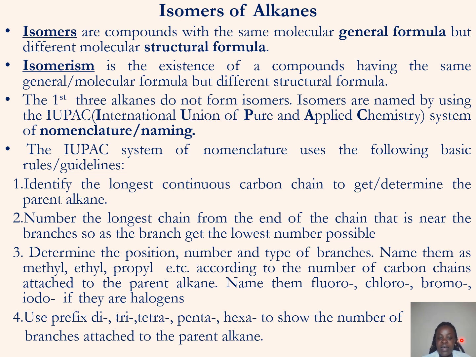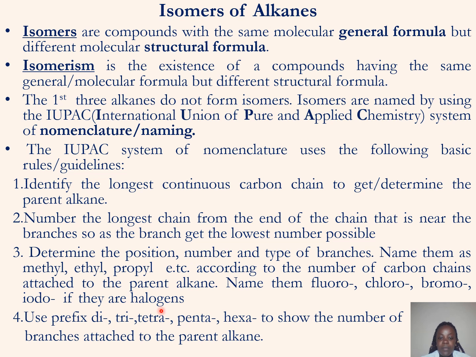If it is a halogen, you can name it fluoro, chloro. That is from the halogens: fluorine, chlorine, bromine, iodine. This is where we get the names fluoro, chloro, bromo, iodo. This is when we have a branch of a halogen.